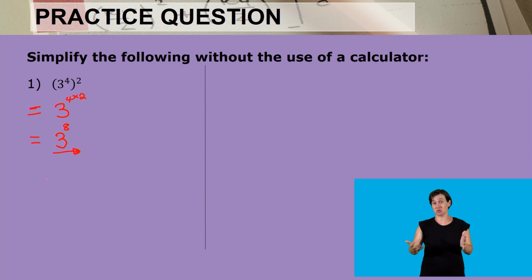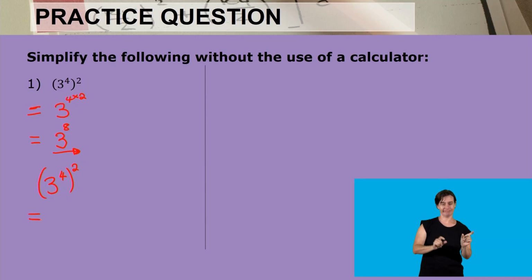And of course, because now we know our different laws, we can use different methods to calculate that same expression. For example, if we were given 3 exponent 4 raised to the power of 2, we know that raising an expression to the power of 2 means that expression will be multiplied by itself once. So that will be 3 exponent 4 multiplied by 3 exponent 4.